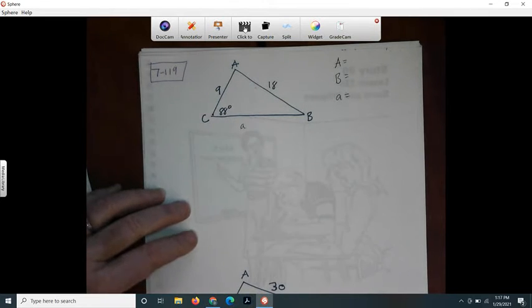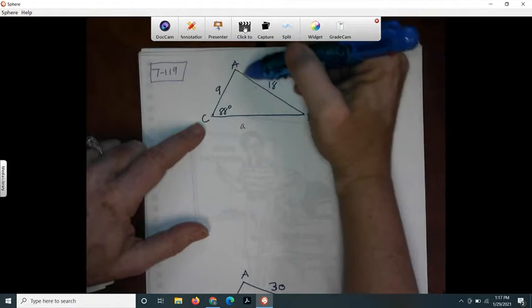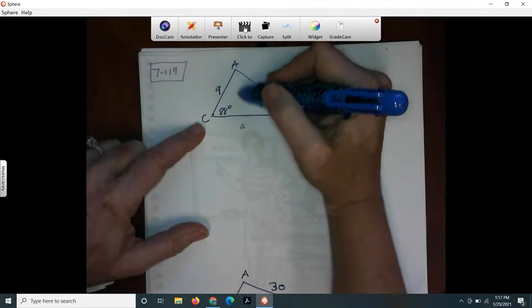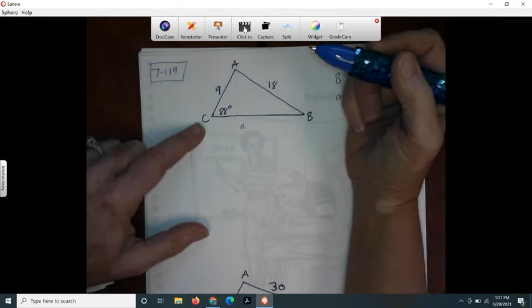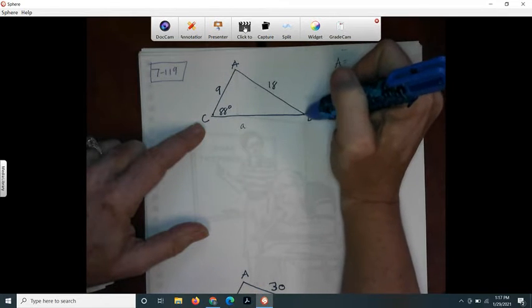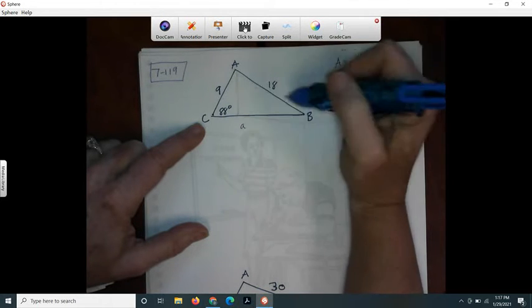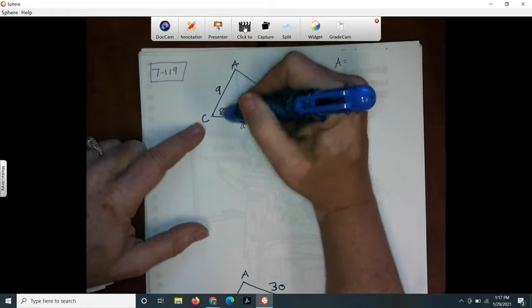She had that green tape and she was saying, if this opposite side is just the right length, then it can swing out just to make the height right here, and it would make one triangle. If it's a little longer than the height, it can swing over here and make another triangle.